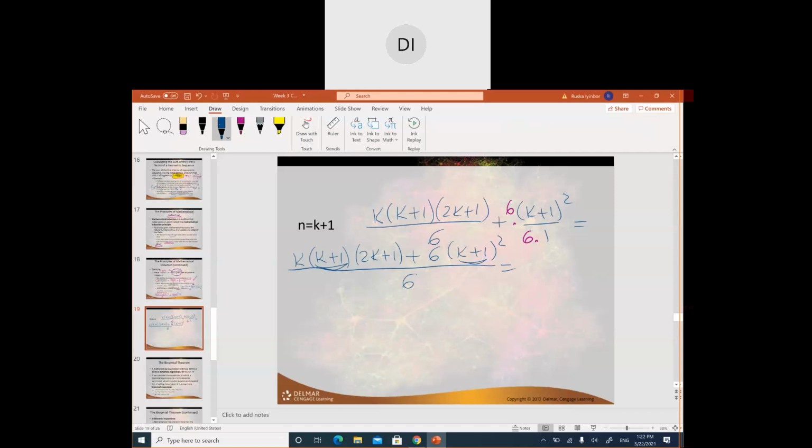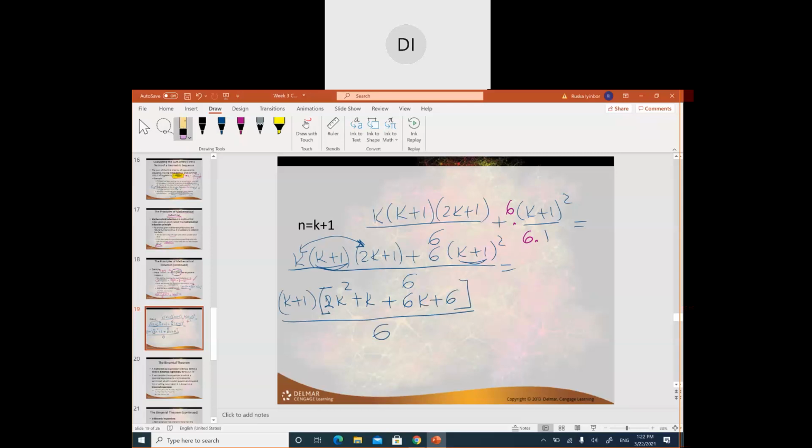So that will give me k plus 1 in front. And then I have k, and have this times this left. And I'm going to multiply it. So it's going to be 2k squared plus k plus 6k plus 6. This is what I have, everything over 6.